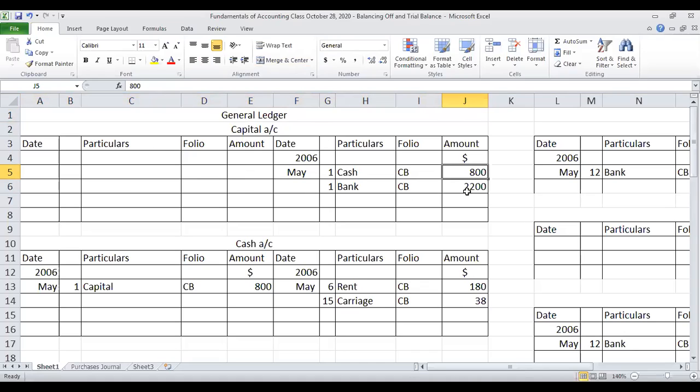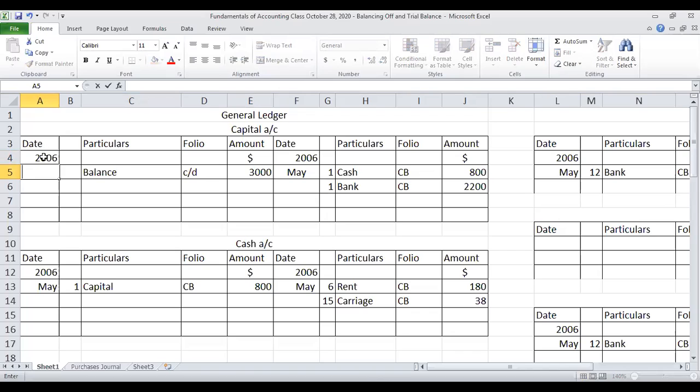So 3,000 minus 0 equals 3,000. Therefore your balance carried down, balance CD, will be 3,000 dollars.